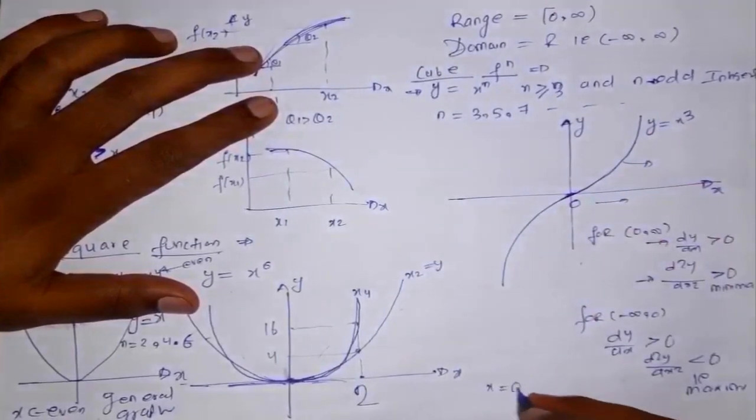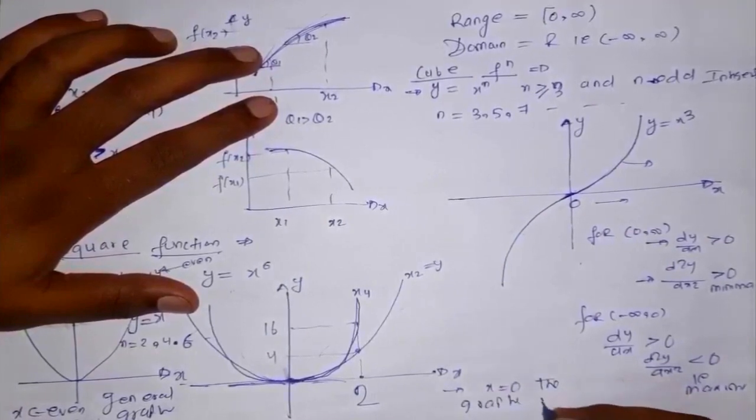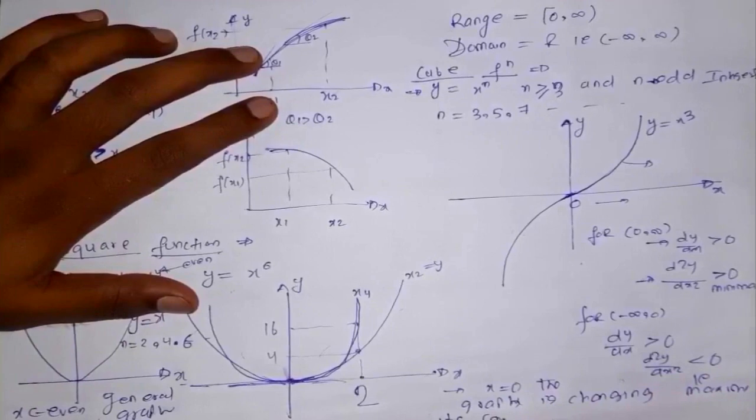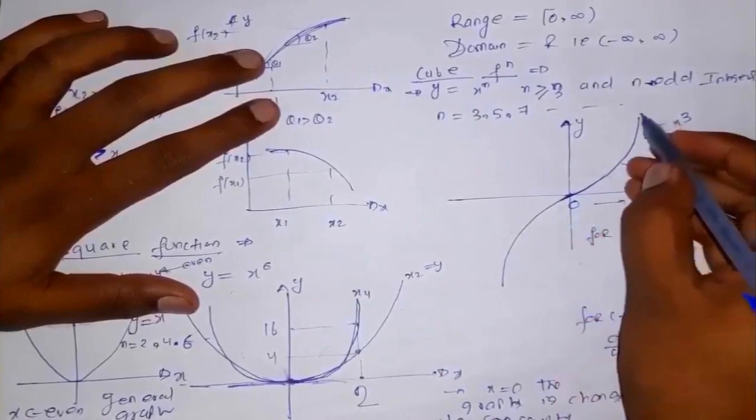At x equals 0, note the graph is changing its concavity. That means here this is concave down, here this is concave up.